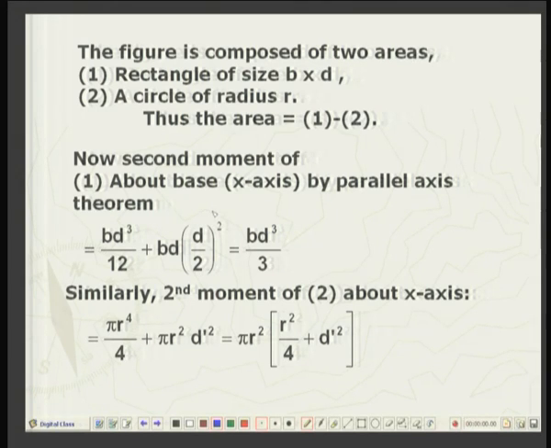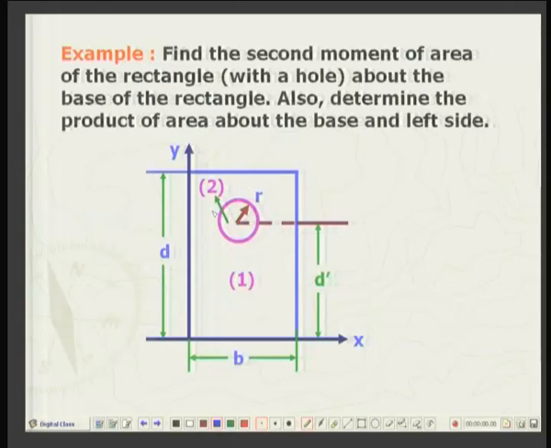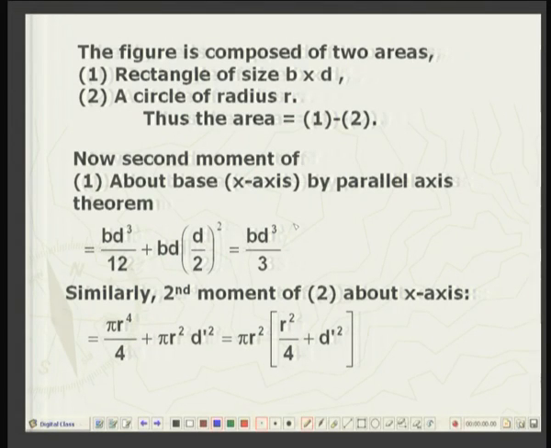Okay. You can see it over here. The middle of this rectangle will be somewhere here and this will be d by 2. So, you can calculate it, it will come out to be b d cube by 3.